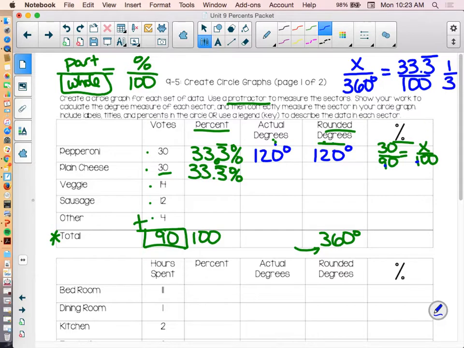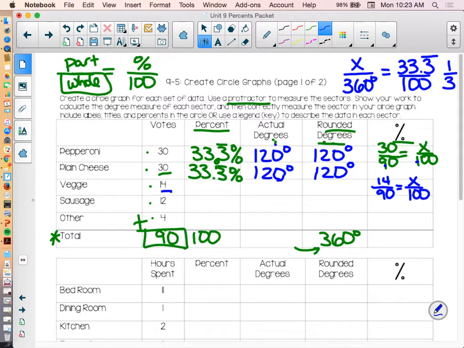If it were a decimal, then you would do some rounding, which you're not going to do until the very bottom problem. Okay, so if we know this is 120, then we also know that plain cheese will also be 120. Notice we're using our percent proportion over and over again. For veggie, 14 is the new part. 14 is out of 90 when we're first calculating the percent.